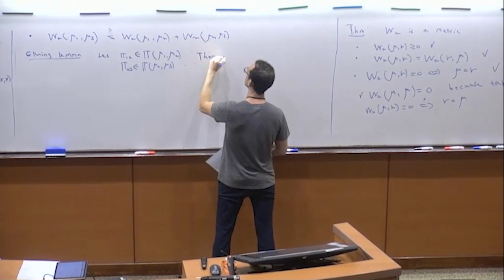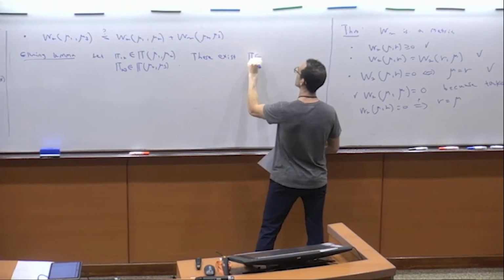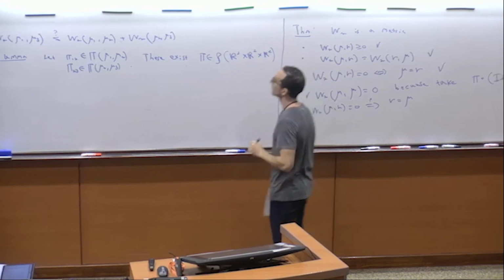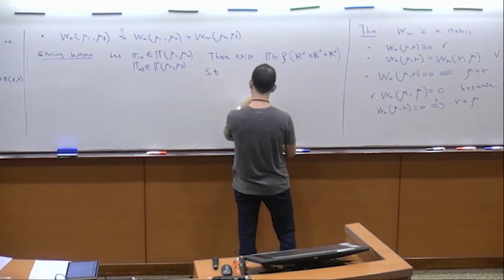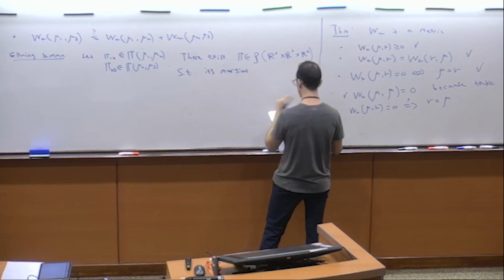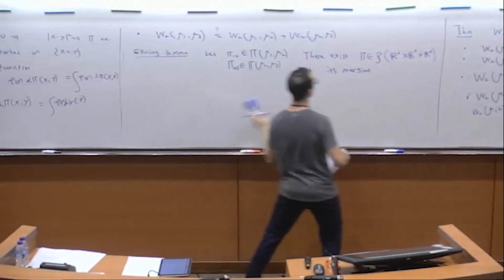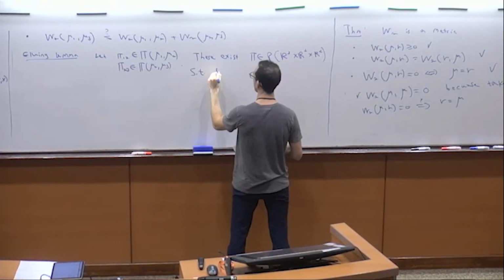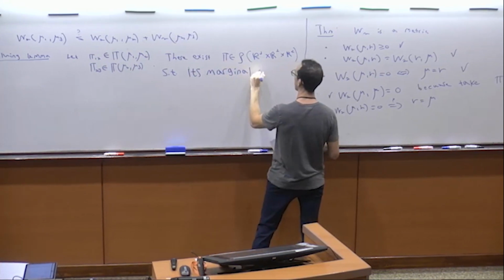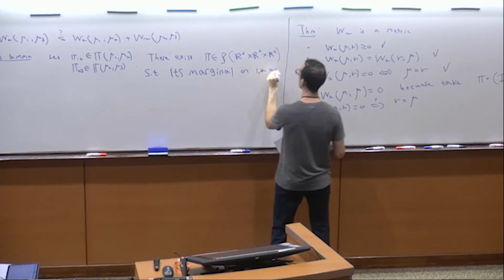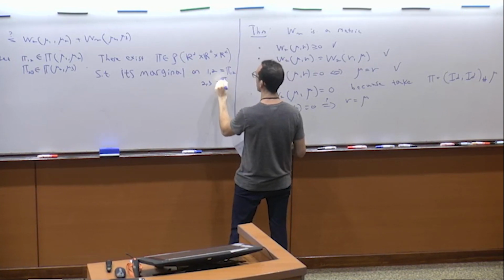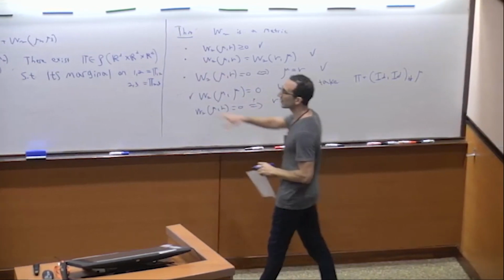Then the statement is that there exists pi, a probability measure which takes as input 3 coordinates, such that its marginal on the 1, 2 coordinates is equal to pi 1, 2, and on the 2, 3 coordinates is equal to pi 2, 3. Okay, so this has nothing to do with optimality.